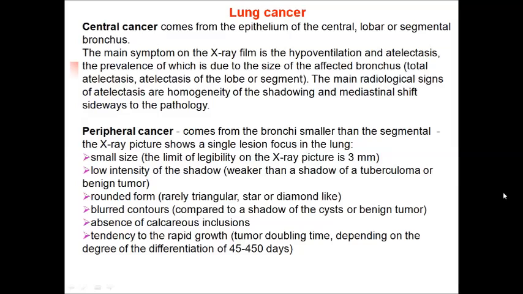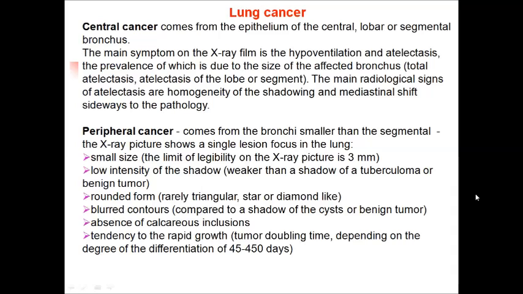Lung cancer is a very challenging problem in oncology. There are central and peripheral forms of lung cancer. Central cancer comes from the epithelium of a central, lobar or segmental bronchus.